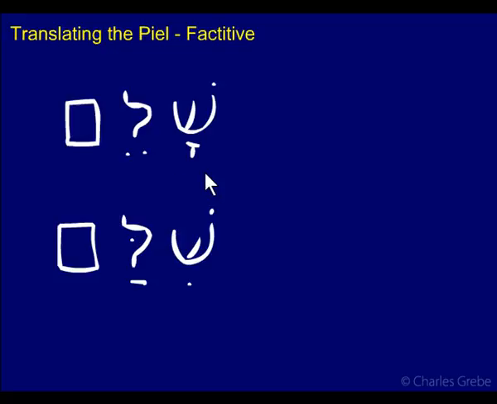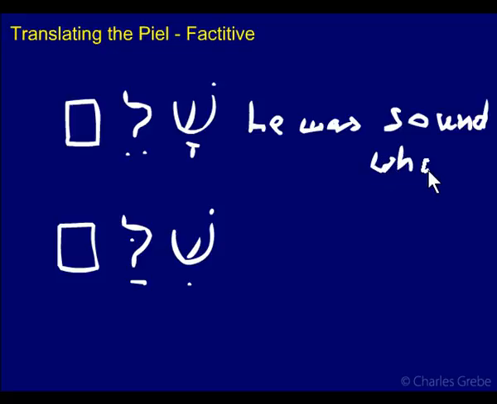Shalem, now this is in the Qal. He was sound, meaning whole. Okay, should write that down. Whole. Now we have this tsere there. That's because it's a stative, right? Stative verbs in the Qal perfect can have a tsere theme vowel here, so that's why we have that there. Now here we have the Piel, shilam.